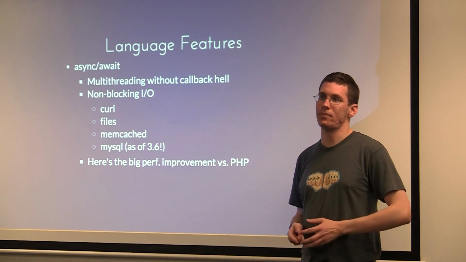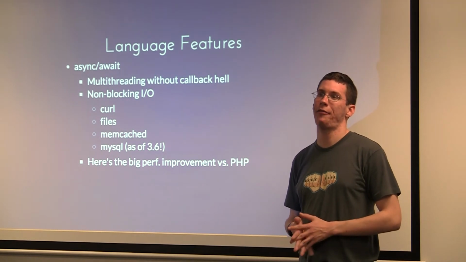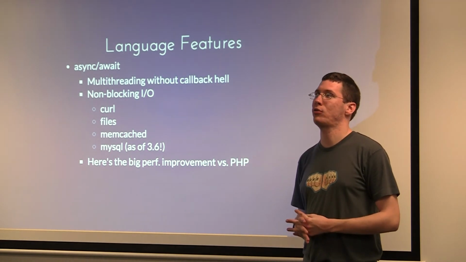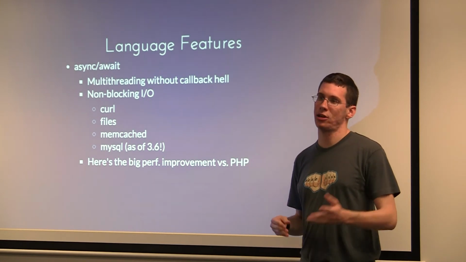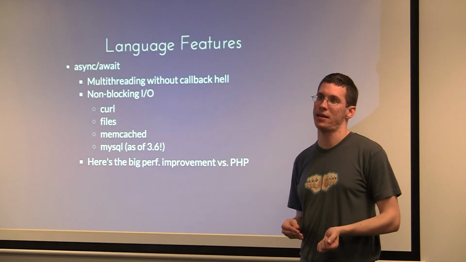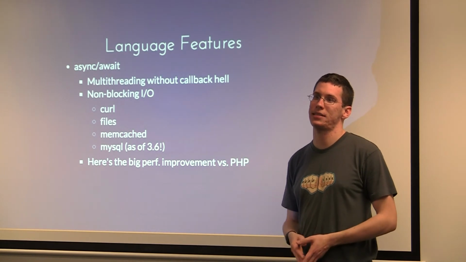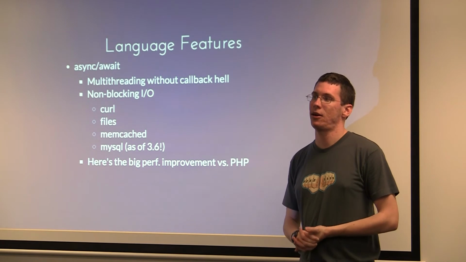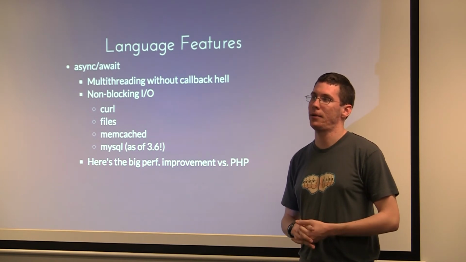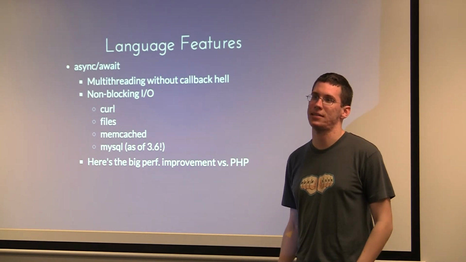So again, it's powerful when you have a curl request, a database call, and a couple of cache lookups. Cache lookups take maybe 50 milliseconds because your cache is slow. Your database takes another 50 milliseconds, and your curl requests are taking, say, another 50 milliseconds apiece.